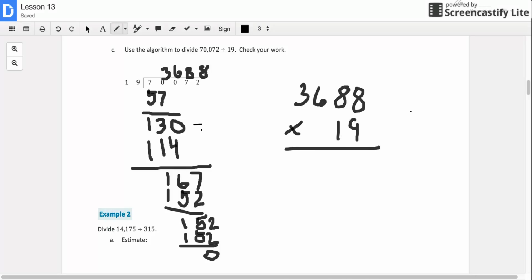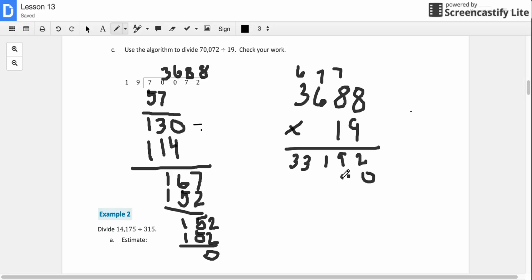Okay, here we go. 9 times 8 is 72. That's a 9 there. 9 times 6 is 54, plus 7 is 61. And 9 times 3 is 27, plus 3 is 33. So here we have 33,192.